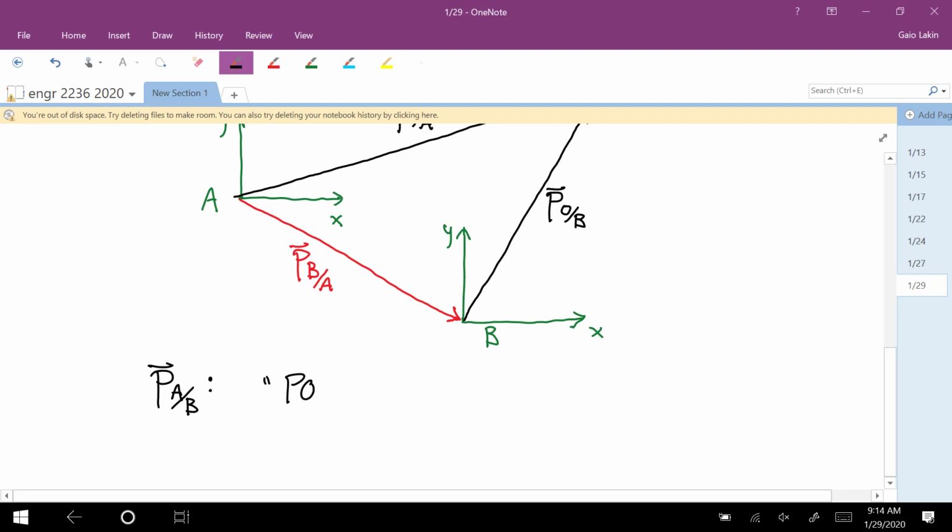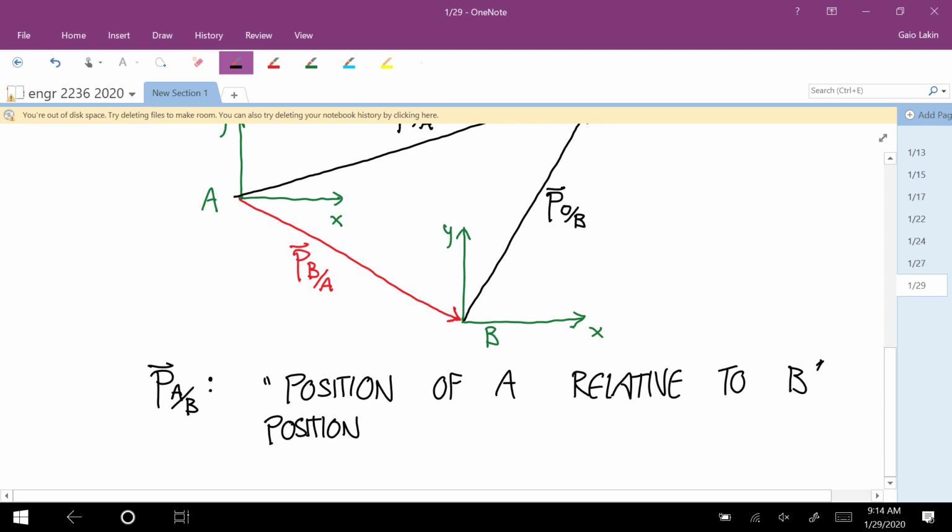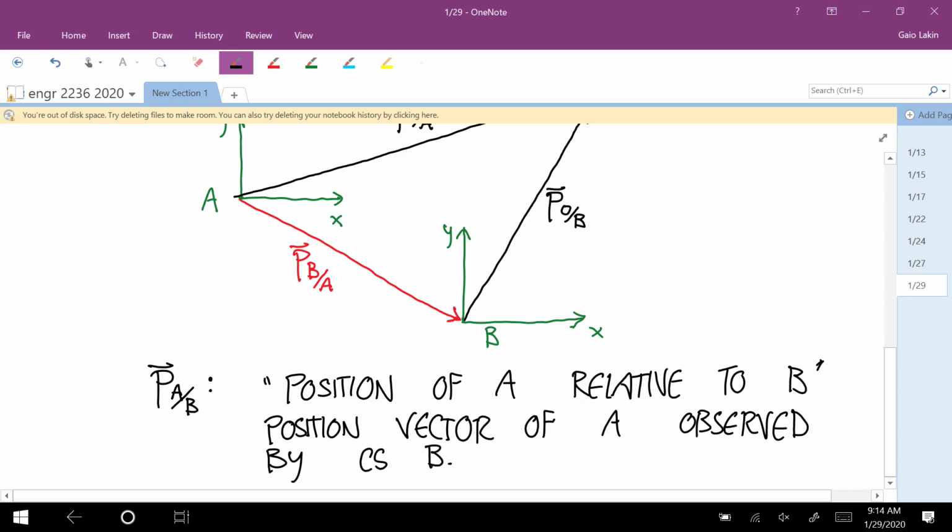We call that the position of A relative to B. And it means the position vector of A that's observed by the coordinate system B. Okay.